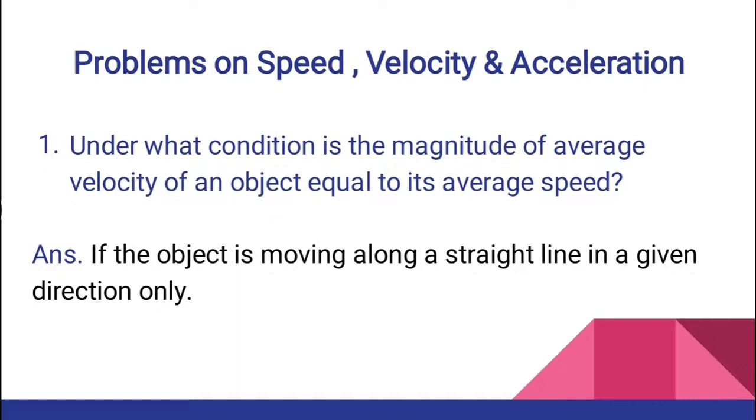And that case is when the object is moving along a straight line in a given direction only, because then the magnitude of displacement equals the distance. So in that case, average speed equals the magnitude of average velocity.